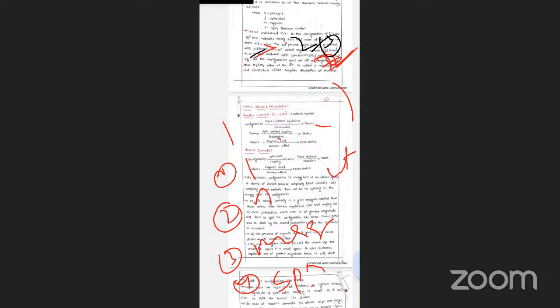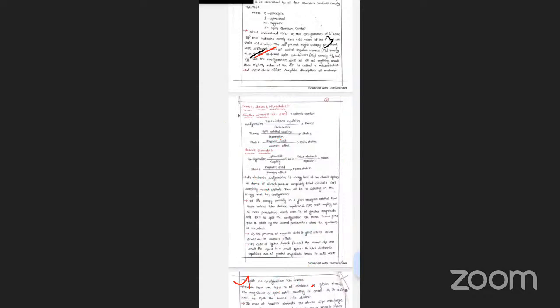Then the azimuthal quantum number is represented by L. L is equal to 0 means there is no orbital angular momentum.